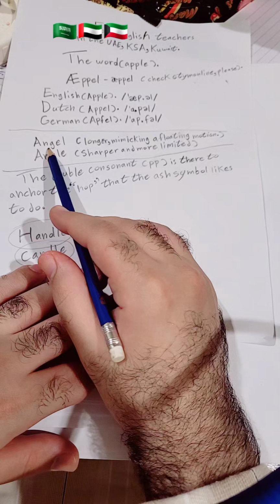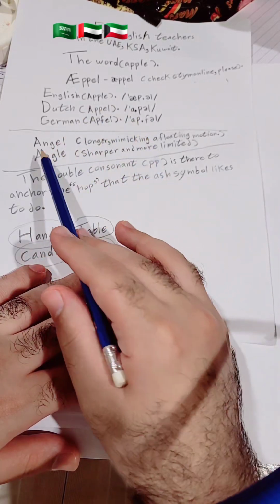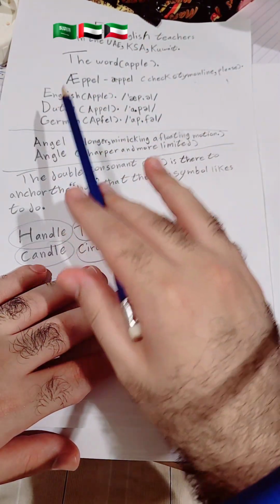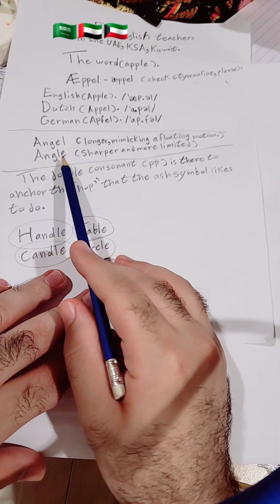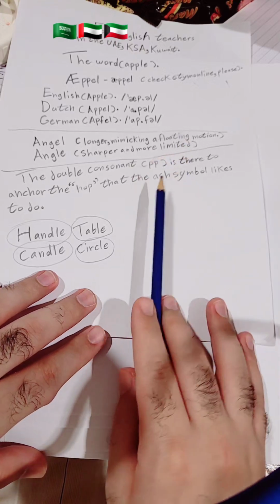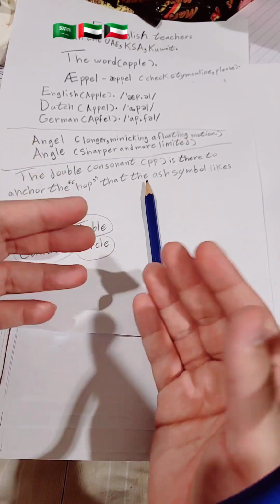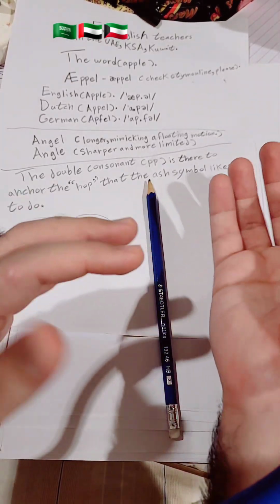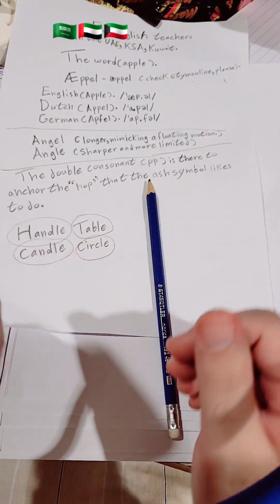When you say angel, do you see that comfortable wave, if you will? It's angel. But when it's angle, it's sharper and more limited. It's more like a geometric shape that has a sharp edge, a sharp angle, if you will.